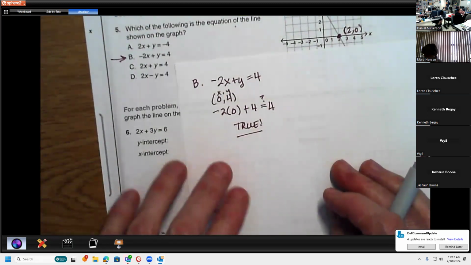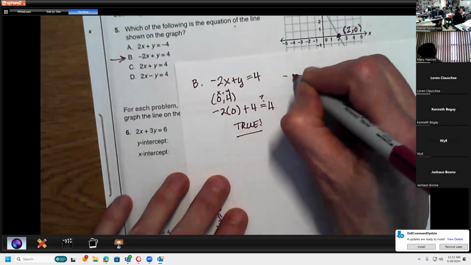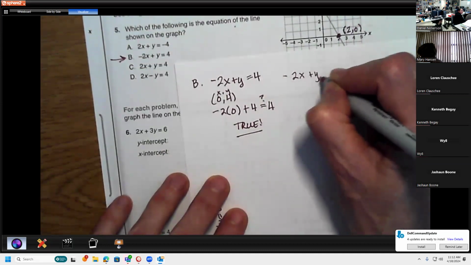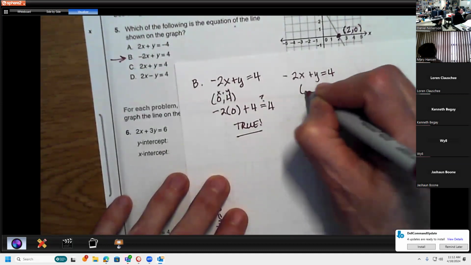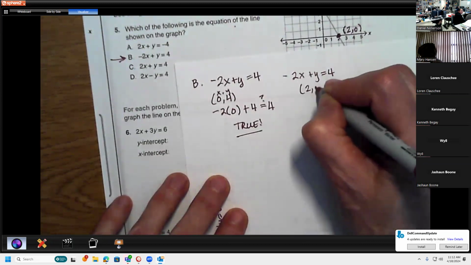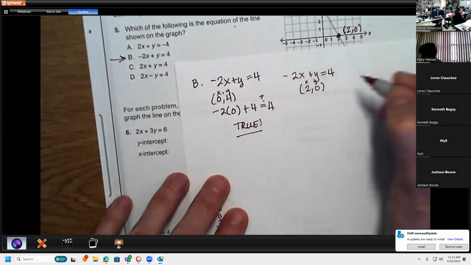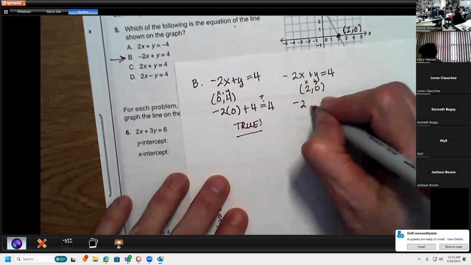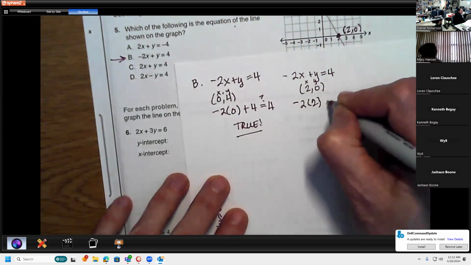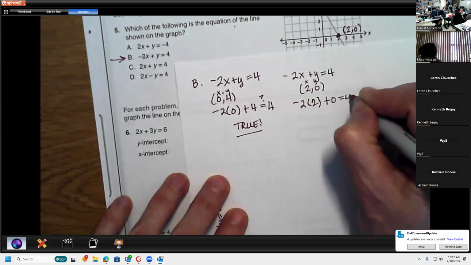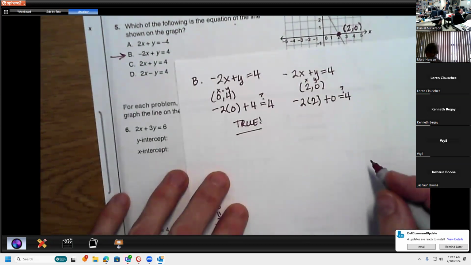Okay, we have to check both points though. So let's try negative 2x plus y equals 4. This time we're going to put in the other point, (2, 0). Remember the x is 2 and the y is 0. So we have negative 2 times 2 plus 0 equals 4. Is that true?